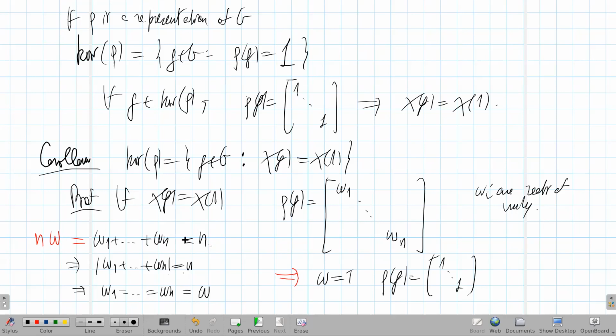And so you see that you can read the kernel of a representation from its character. As I said, in principle, you can read everything about the representation from the character. It might not be obvious how you do it, but in this case, this is the simple recipe, how to read the kernel. Good.